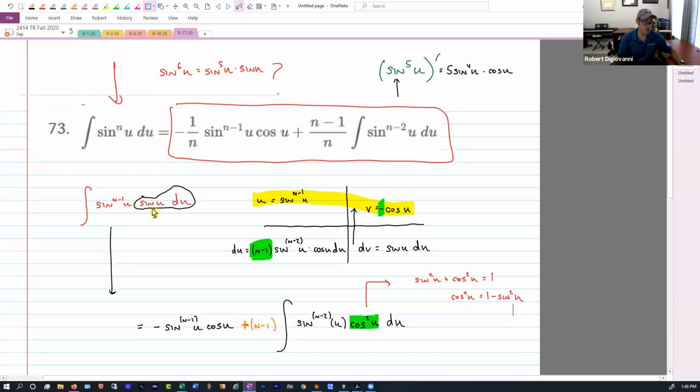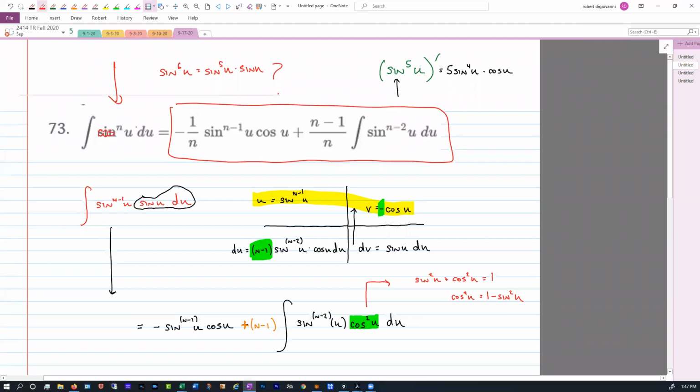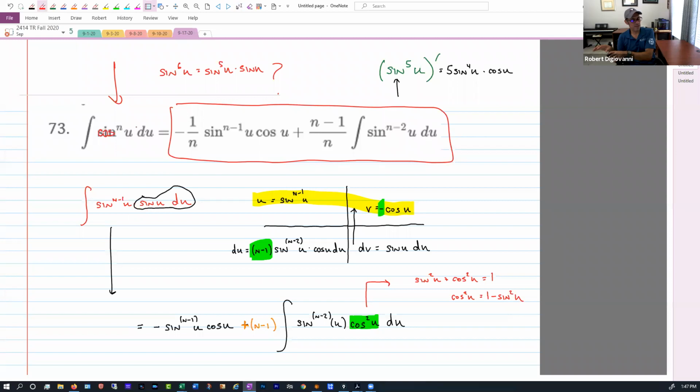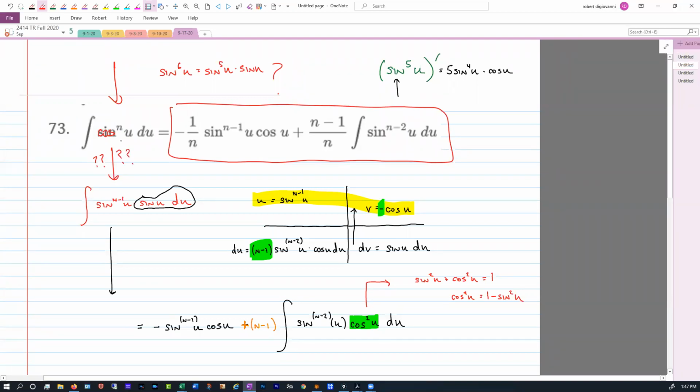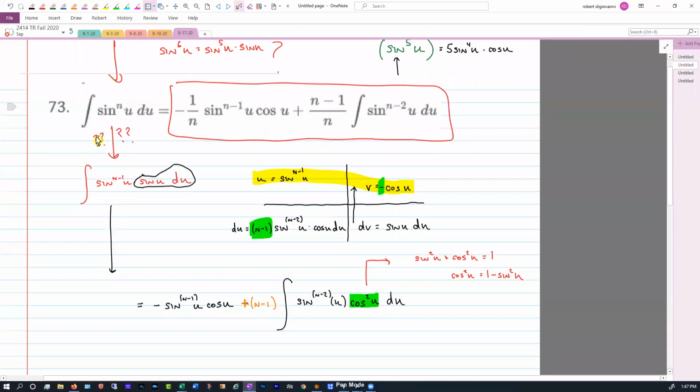I split it into 2 because it's going to work. And that's why I said this would be a bonus problem. This is not something that you would naturally do. But now that you've seen it, if you were faced with, let's say, cosine to the n instead of sine, maybe you would split it into 2 and then set up integration by parts. That makes sense? Where did that come from? Well, because algebraically it's correct, right? I can do that. Yeah. I see it now. Thanks.